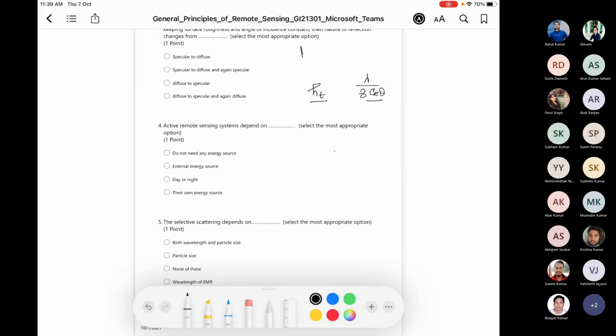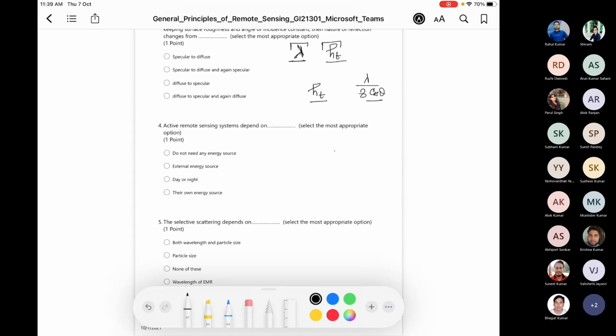If the wavelength is very large compared to the surface roughness, it is a kind of relative comparison, an inequality. If you increase h, and at the same time increase the wavelength, what will happen? Whether it is specular or diffuse reflectance, they maintain.